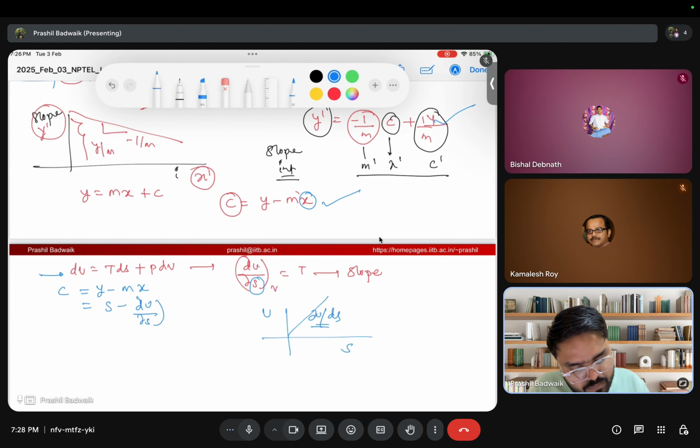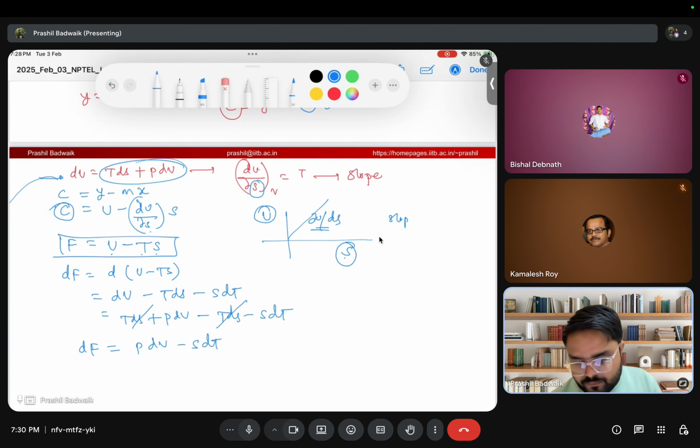This will get cancelled, pdv minus of sdt, correct? Right? So what has happened? This is equal to df. This is supposed to be minus pdv.